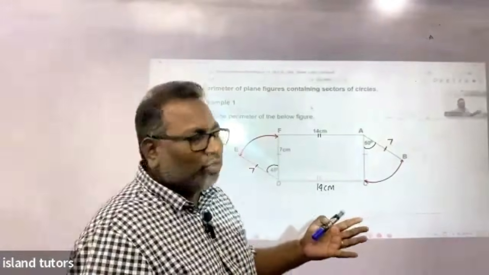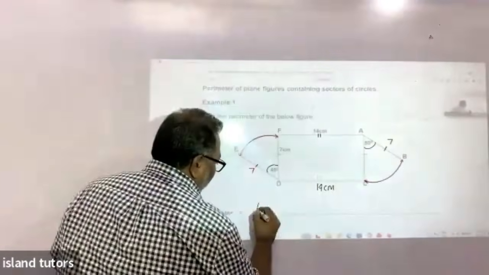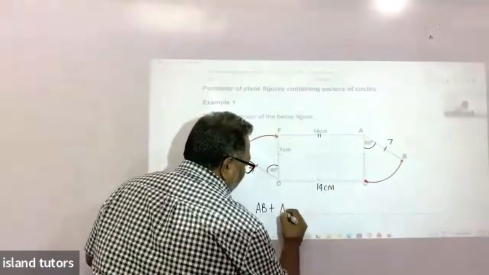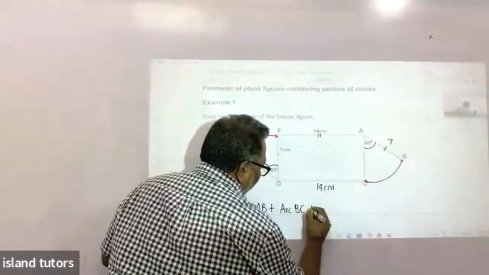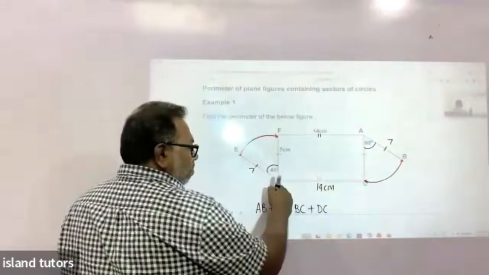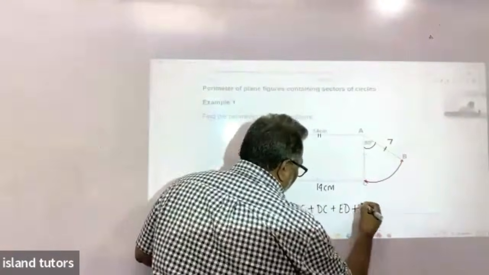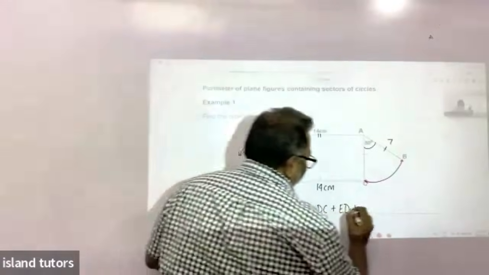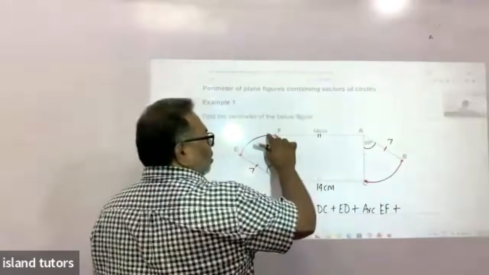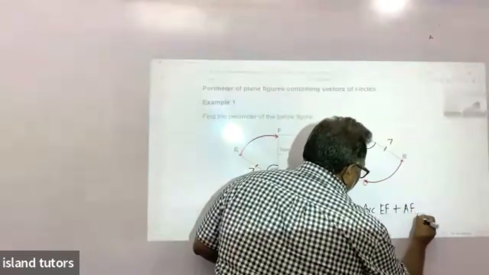You have to find the perimeter. So what do you need to do? You need to add. So you add AB length plus arc BC plus DC length plus radius ED plus your arc EF plus your rectangle side AF.